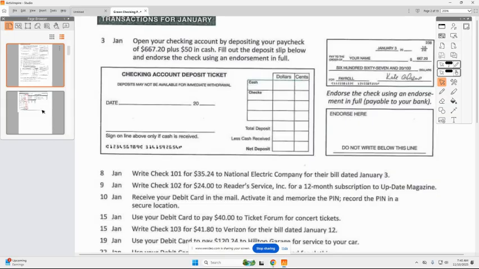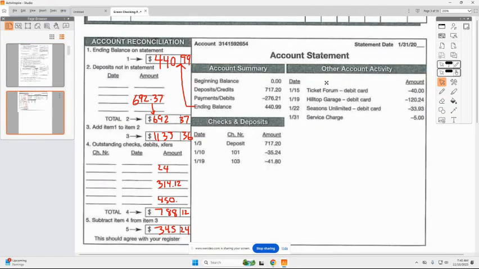We then go back here and look at what the bank knows. All of this is what the bank knows. The bank thinks this is our account summary. The bank thinks we did these checks and these deposits.